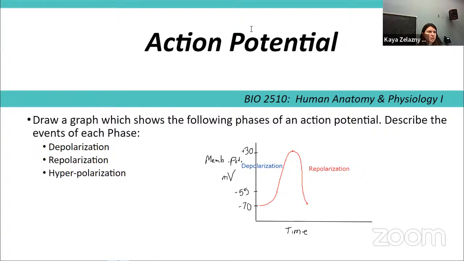And then we actually overshoot a little bit. So our hyperpolarization or our after hyperpolarization. So we continue below -70 until eventually we restabilize at that resting membrane potential. So this curve is what we're going to see every single time we see an action potential.